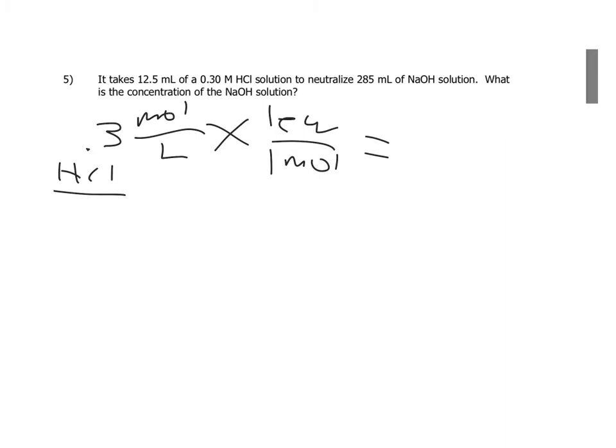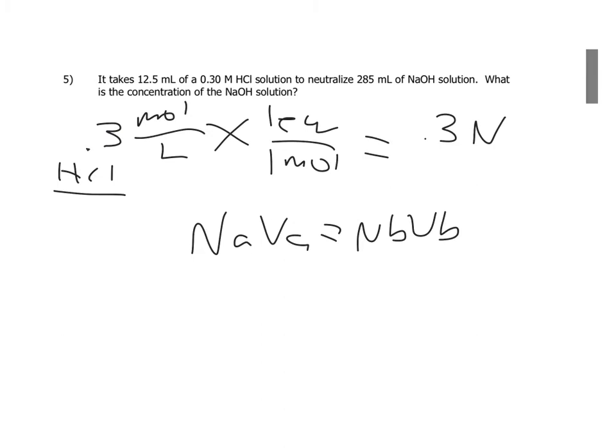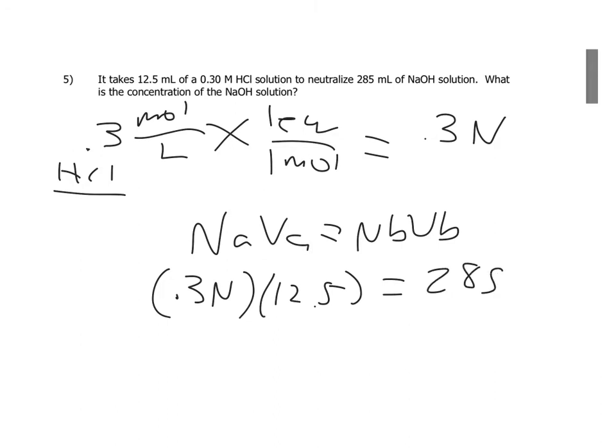So I have 0.3 normality of HCl. I can do my NaVa equals NbVb. So I'll have my 0.3 normality of HCl times my 12.5 milliliters equals 285 milliliters times X.